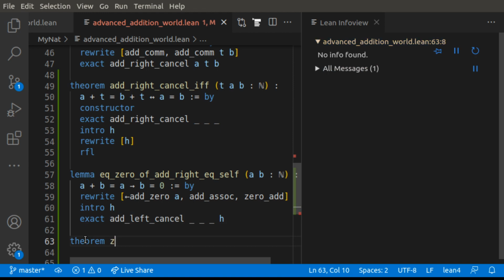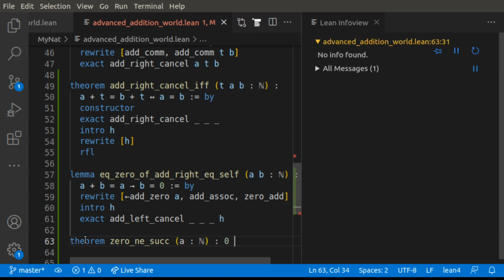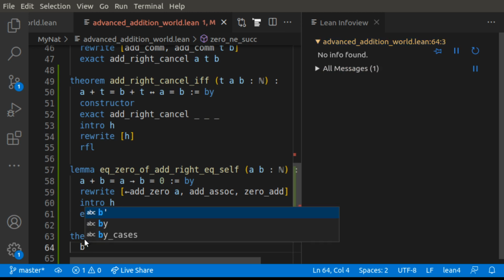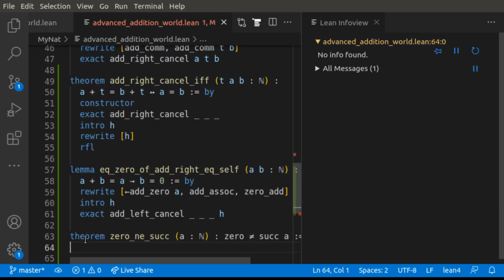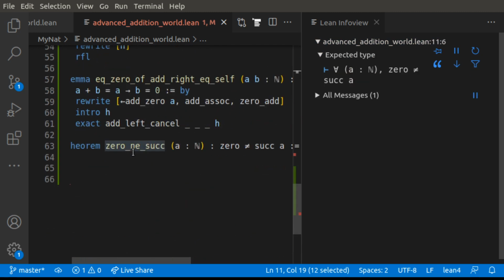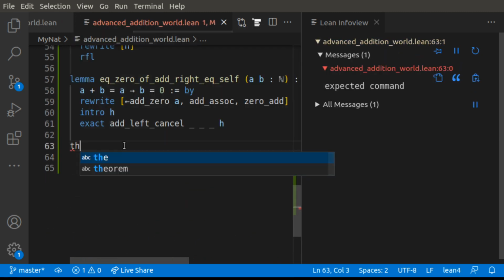Theorem: 0 not equal to successor of a, where a is a natural number. 0 not equal to successor of a. That's not what we already have up here. Okay, no, we already have that one. Great, now we're going to prove the other one.